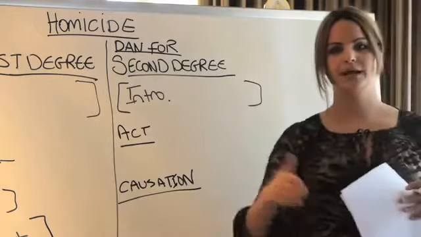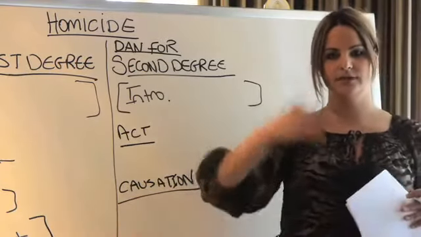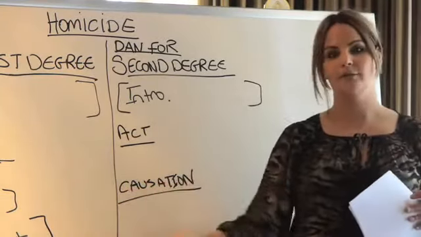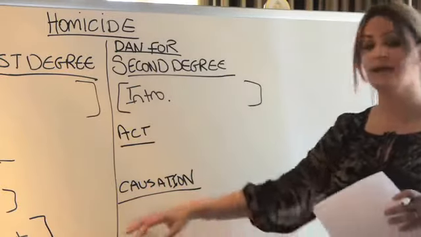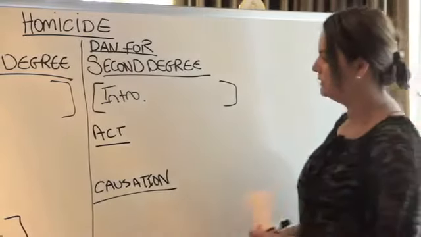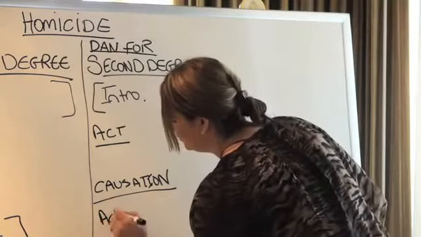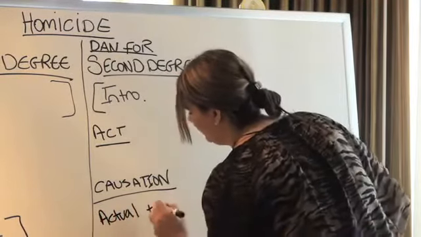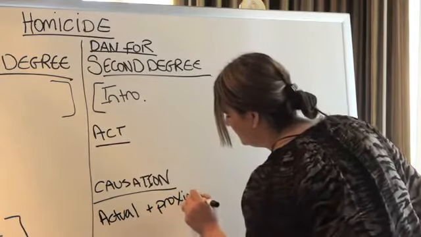If there is a break in the chain of events from the defendant to the victim, you may have a proximate causation issue here. And I have seen that happen on various fact patterns. So it's important to make sure you're establishing both actual and proximate causation.